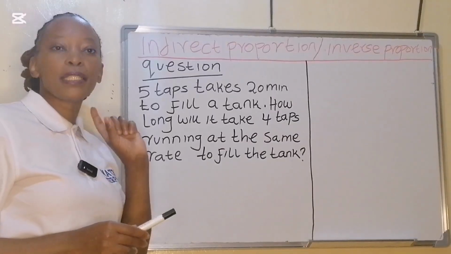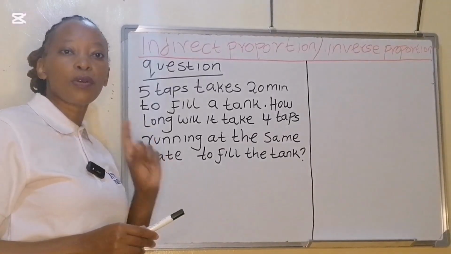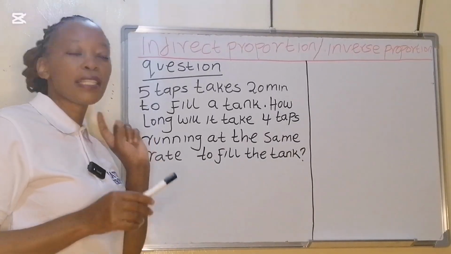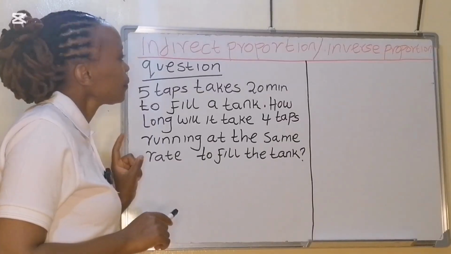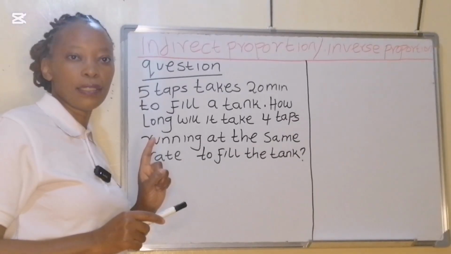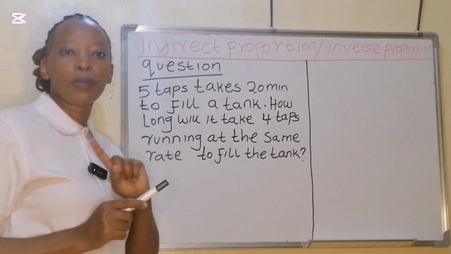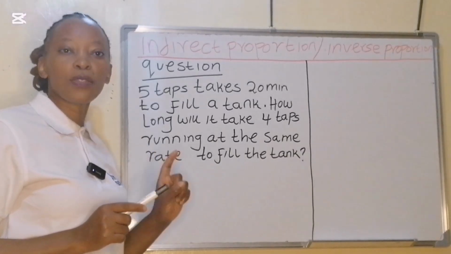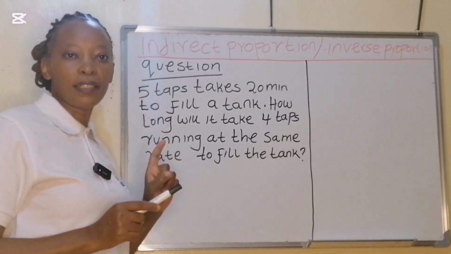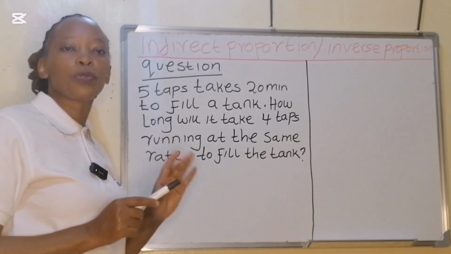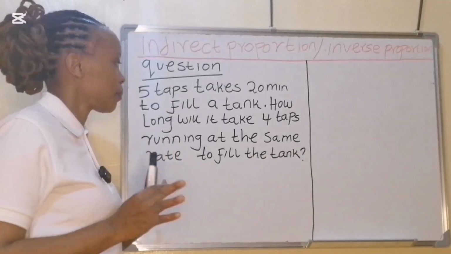But I am making it easier for you because I'm going to explain in such a way that you are going to understand. You don't have to go back to the books. If you listen to my video, you are going to understand, and I'm going to help you deeply understand the math concept.